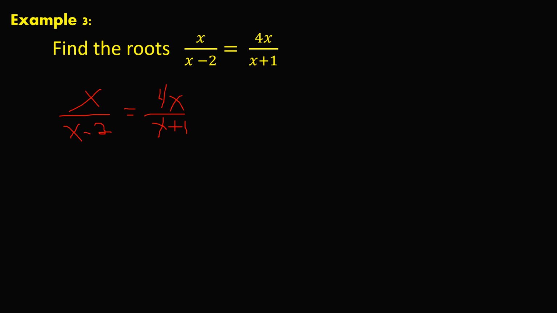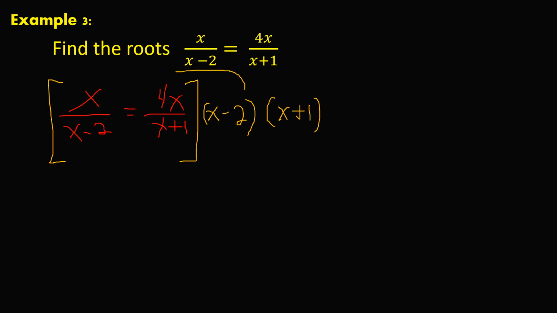No need to factor the denominators because they are already expressed in their simple form. So we just have to copy them as a product. So x minus 2 is the first, multiplied by x plus 1. Then this is the LCD to be multiplied to all the terms inside the equation.